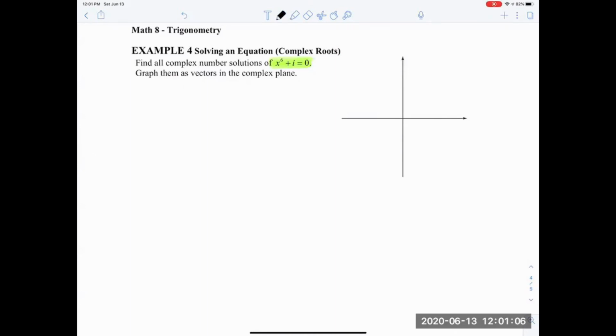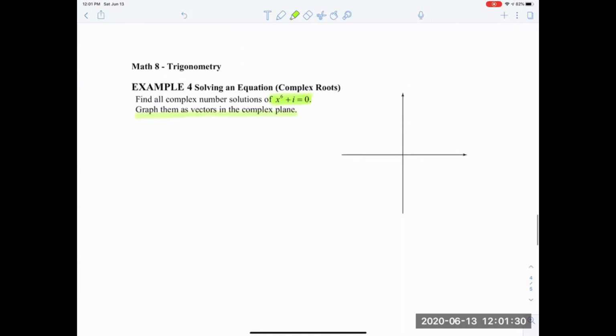And then in the end, they ask you to graph them as vectors, as I was trying to show you earlier. So you have to graph each vector in a complex plane. In other words, you need the r and the theta for each.